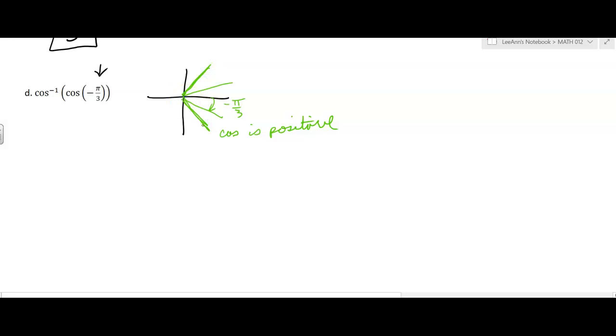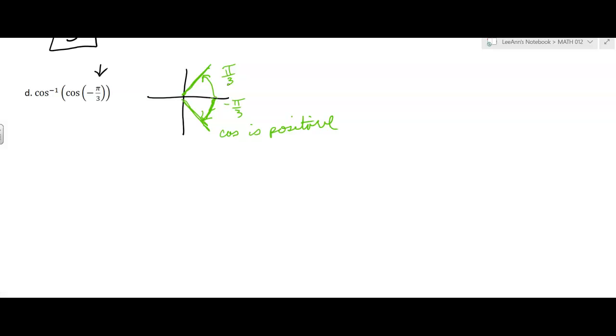Okay, let me erase a little bit. That one's out. Okay, there. That's more like a negative pi over 3. And then here's the pi over 3. Now see, the cosine of pi over 3 is positive, just like the cosine of negative pi over 3 is positive.